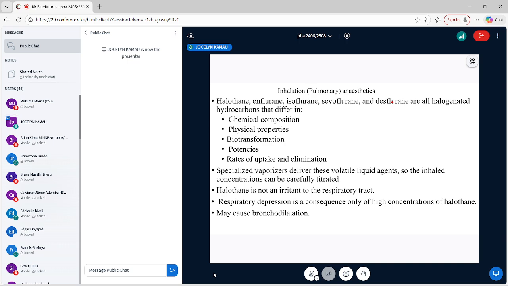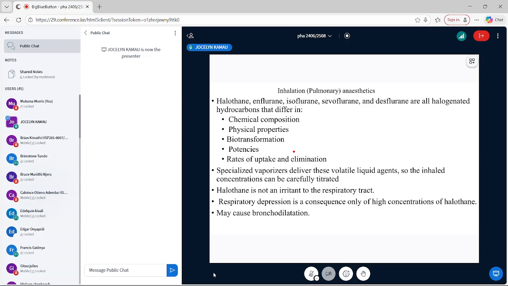So we've already started on the general anesthetics. We've done classification as per the nature of the general anesthetic. That's where we talked about the volatile ones and the intravenous ones, and then we also talked about their mode of action.